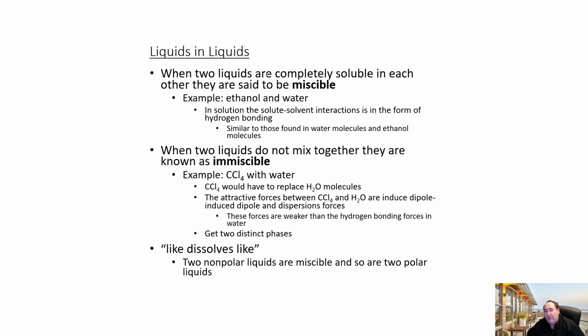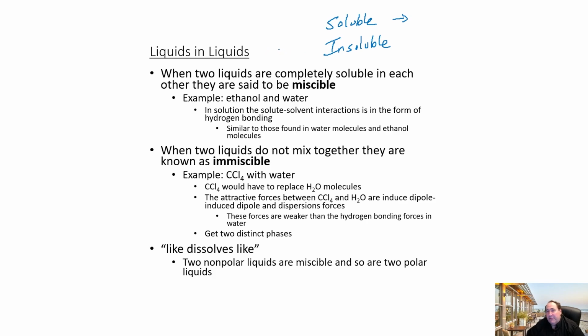So let's talk a little bit about how liquids and liquids mix together. When we do have two liquids, sometimes we don't use the word soluble and insoluble. A lot of times we will use those words, and we do use them in terms of liquids and liquids. But sometimes we will use two other words when we're dealing with liquids mixing with other liquids.